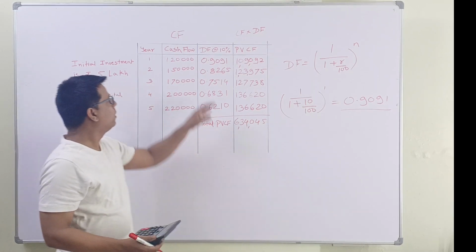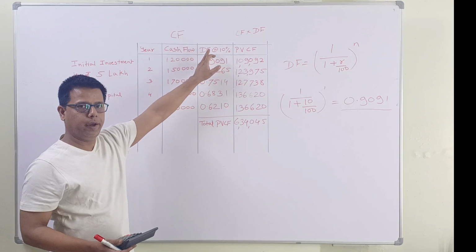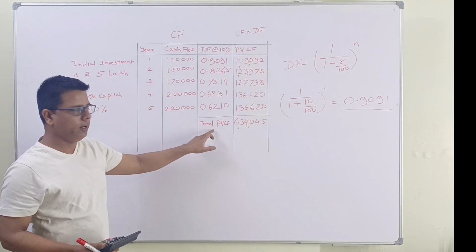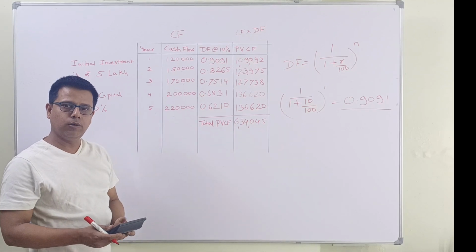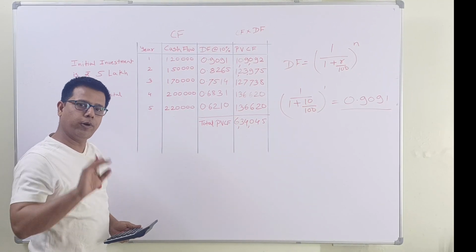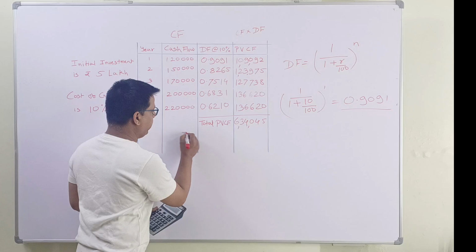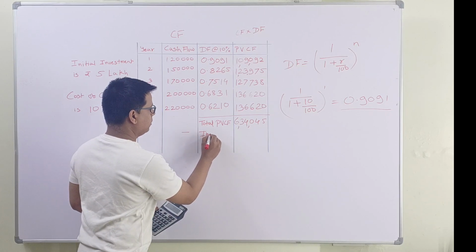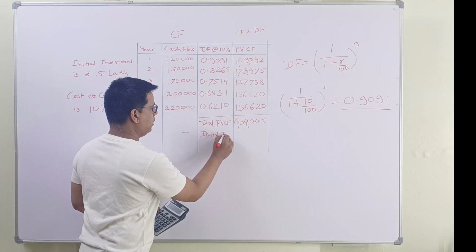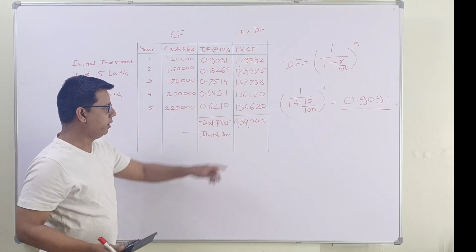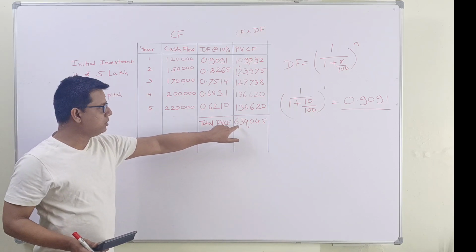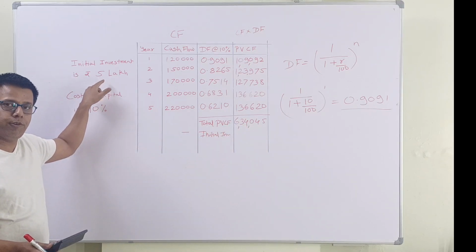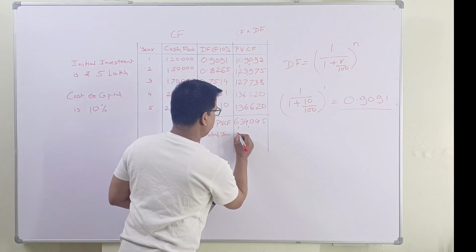Understood? So cash inflow multiplied by discounting factor is PVCF. The total of that is called total PVCF. Now to calculate NPV, what we have to do is subtract the initial investment. Now what we have earned is 6,34,045 and what we had invested is 5 lakh. So deduct this 5 lakh.